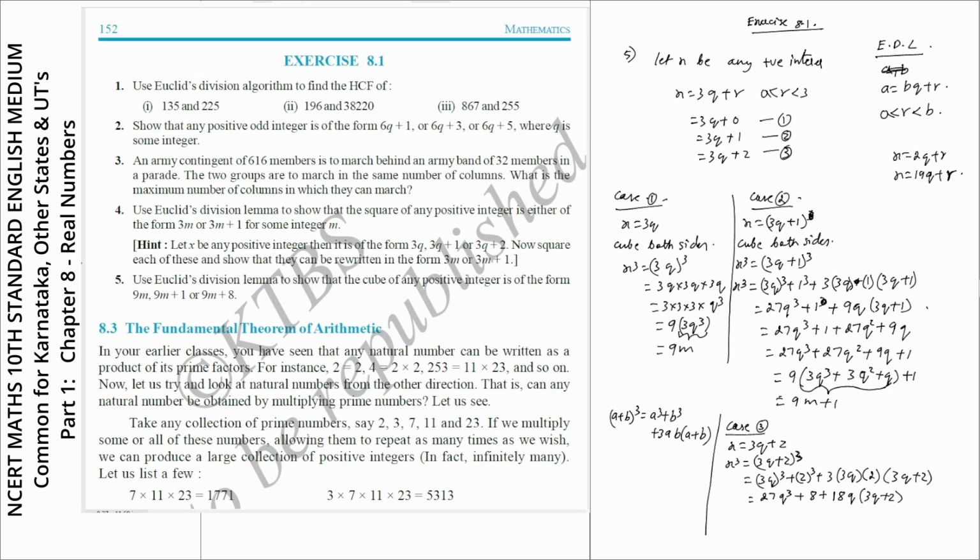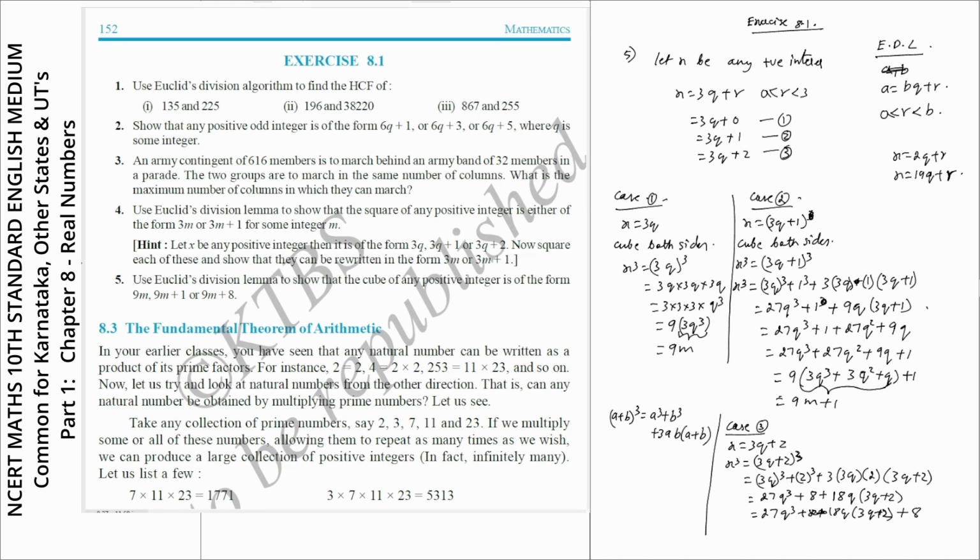Now I'll get 27q cube plus 8 plus, now if I open the bracket, okay, let it be as it is, 18q into (3q plus 2). I'll take this 8 at the end.